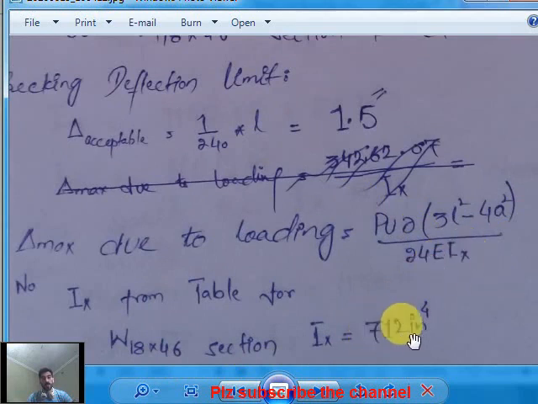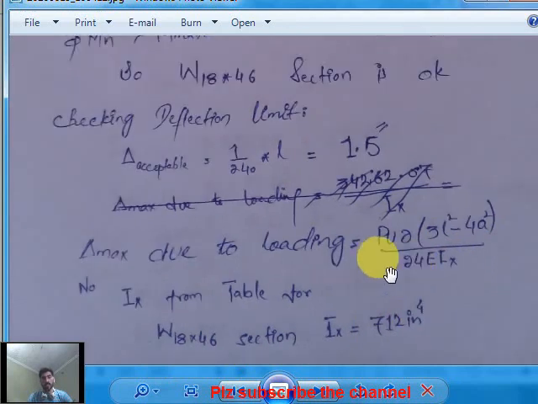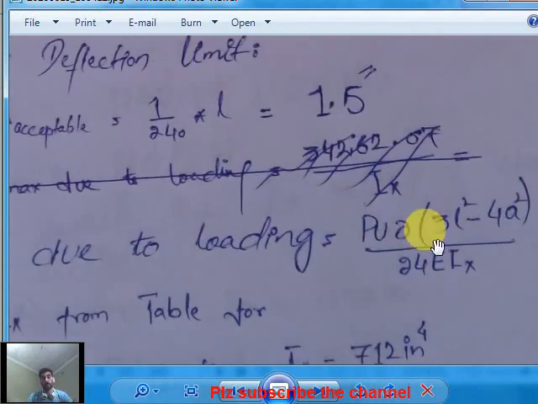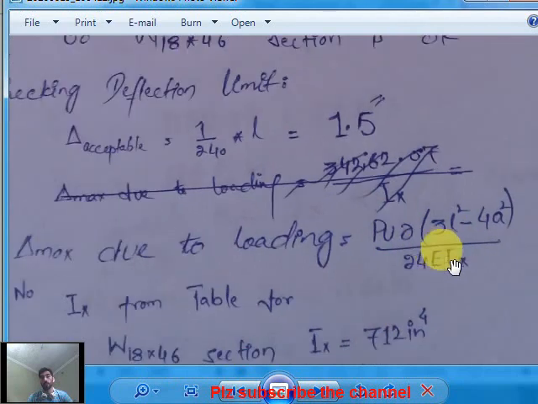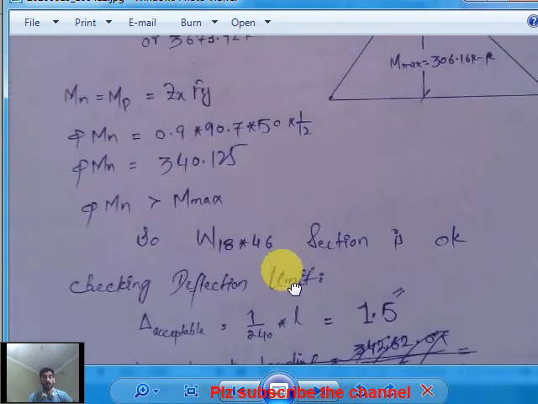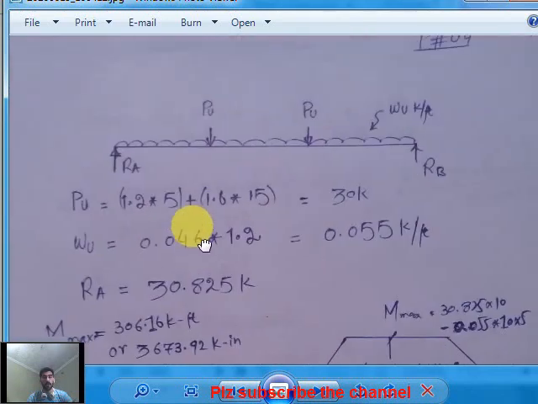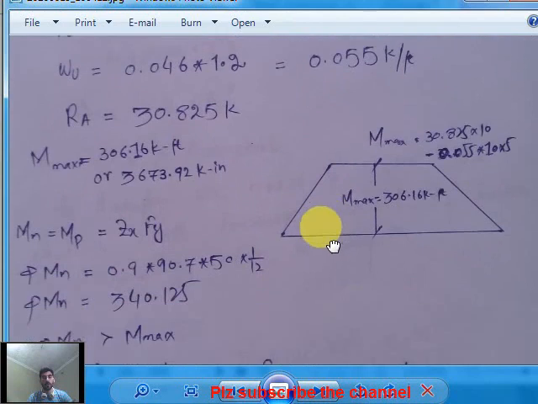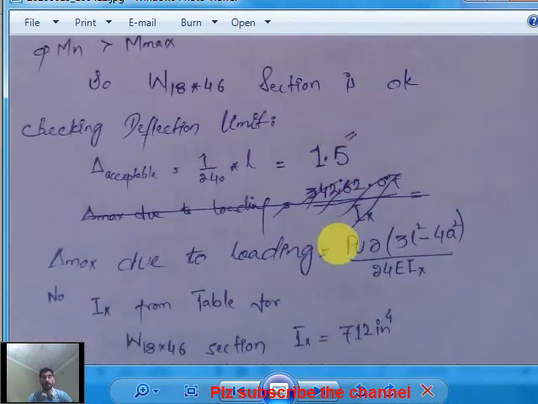Remember, here they ignore the self weight of the beam, okay. If you add the self weight of the beam, then the formula will be different, remember. And Pu is 30 kip, clear. So you just plug in the values and you will get your answer, clear.